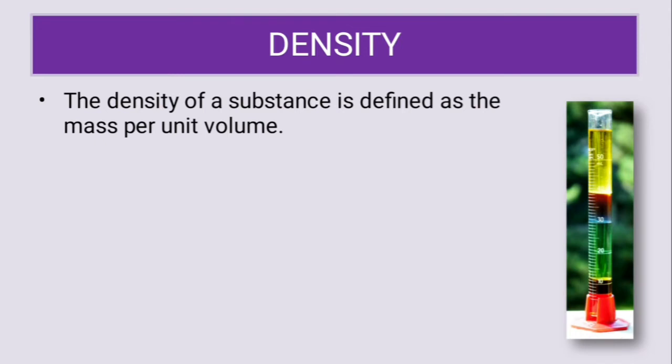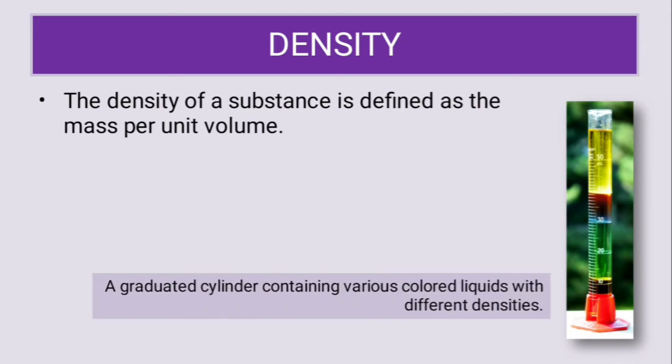Here, there is a picture of a graduated cylinder containing various colored liquids with different densities. So, this dark colored liquid is most dense, so it has occupied the bottom of the test tube, whereas the green colored liquid is a little less dense compared to this dark colored liquid, so it is above that liquid.